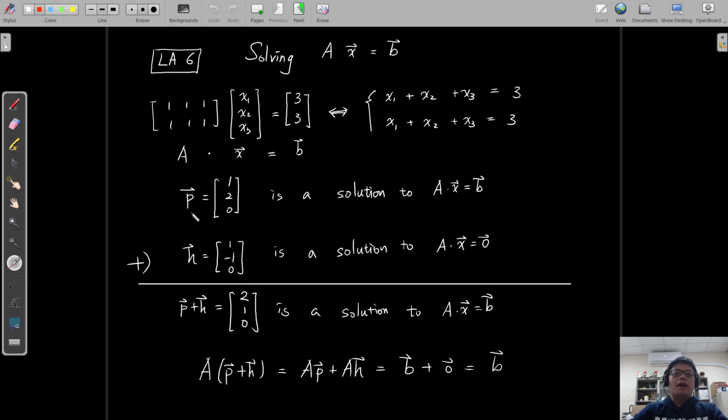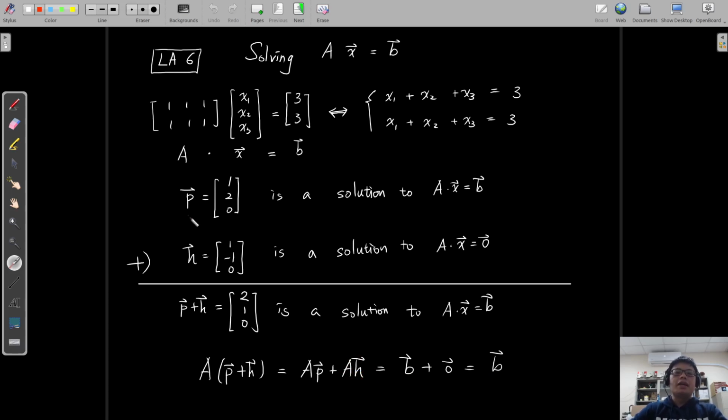But if I have p, a solution of Ax = b, and h, a solution to Ax = 0, and I take the sum of those, then it is a solution to Ax = b. Why? Because whenever I multiply A by the sum of p and h, then it is Ap + Ah. But Ah is 0 because h is a solution of this one, it is in the kernel. So it is equal to b.